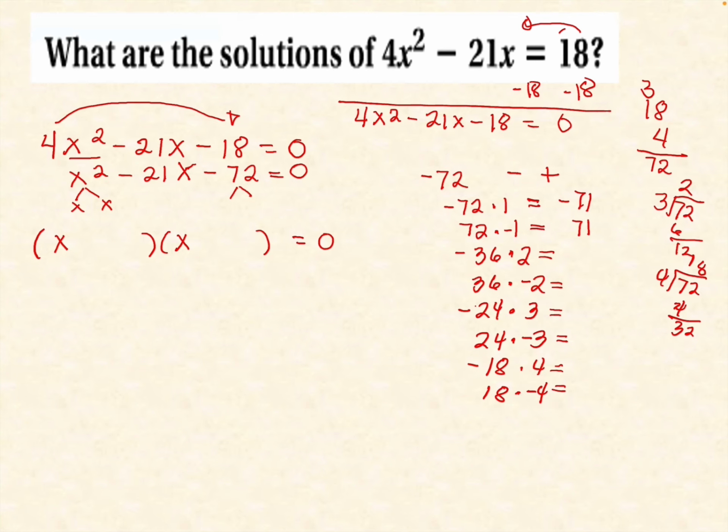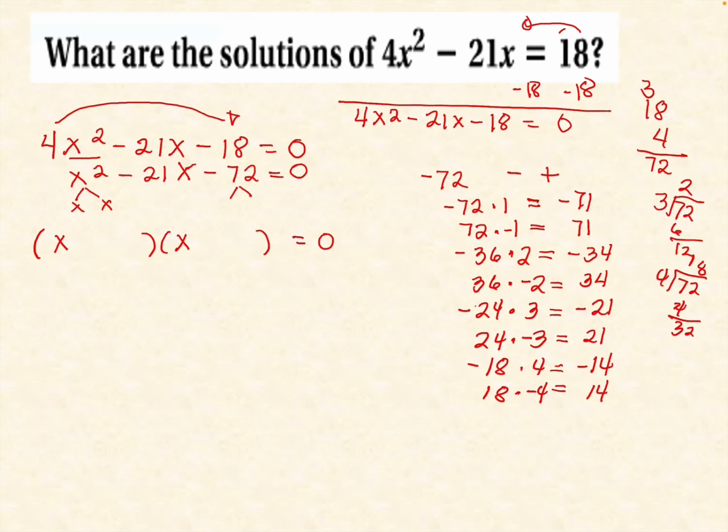Negative 36 plus 2 is negative 34. 36 plus negative 2 is 34. Negative 24 plus 3 is negative 21. 24 plus negative 3 is positive 21. Negative 18 plus 4 is negative 14. 18 plus negative 4 is positive 14.